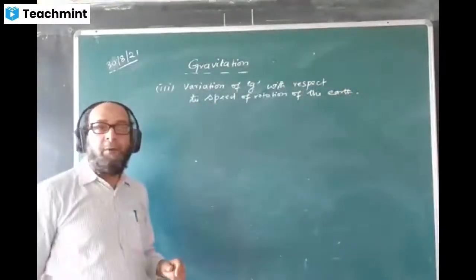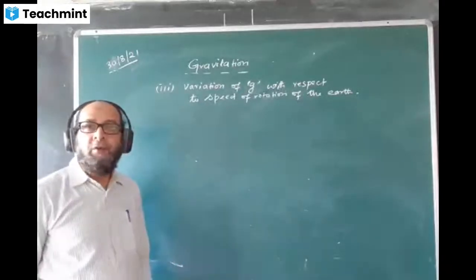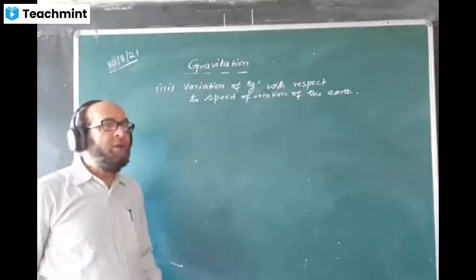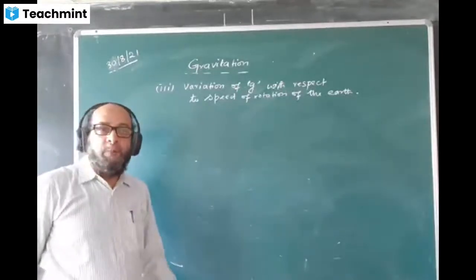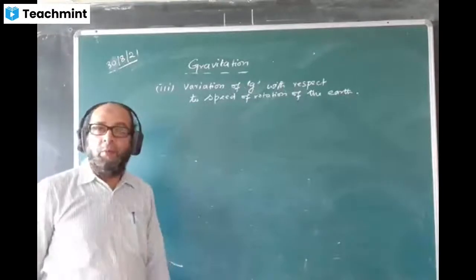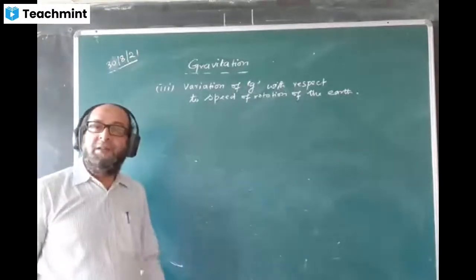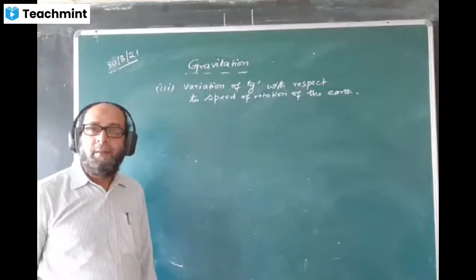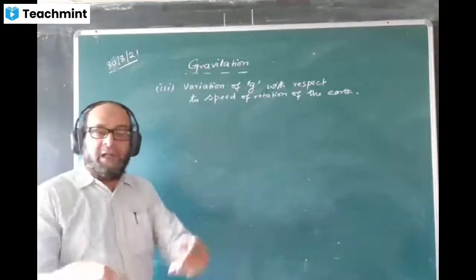The value of g depends also upon the speed of rotation of the earth. And the value of g differs also from place to place on the surface of the earth. We may have two places, maybe Kalimpong, Siliguri. Both of them are on the surface of the earth only, but there the value of g is different. Or maybe Siliguri, Kolkata, both are in the plain side.